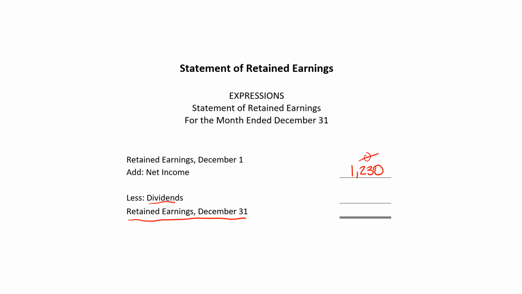There were dividends of $900, so subtract that out. That gives ending retained earnings of $330. Now, because that is a part of equity, we needed to calculate that before going into the balance sheet, because on the balance sheet we show assets, liabilities, and we need this for equity.